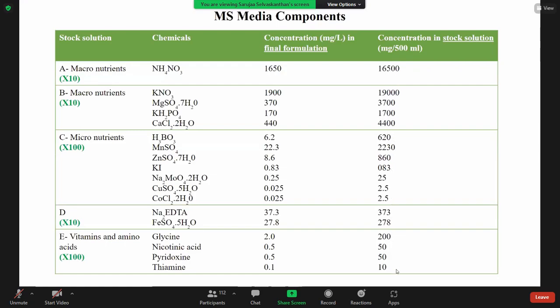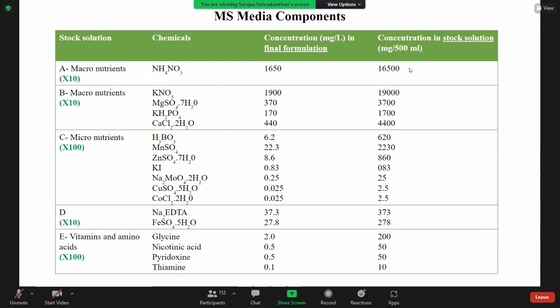Sometimes what we do, for stock A, B, and D, we actually need more. So we can prepare 1000 milliliter. A, B, and D only we prepare 1000 milliliter. Then we have to multiply this.